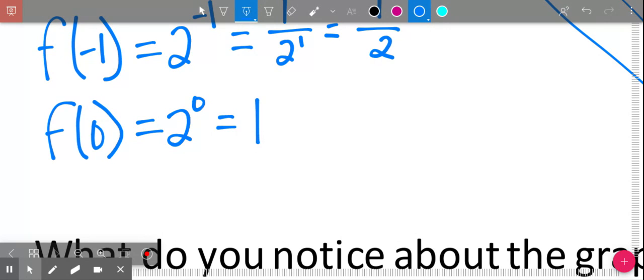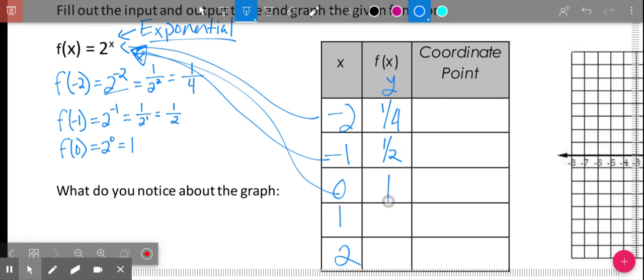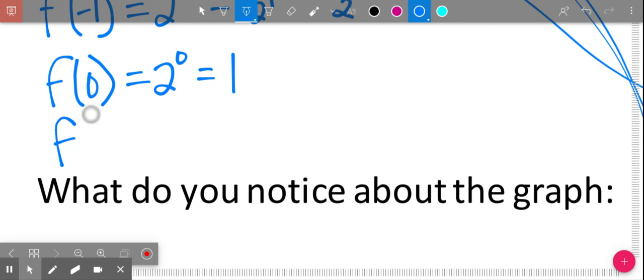That means if I look at my inputs right here, remember x is our inputs, I can put any number into the function. I can add any number in there, and I will get an output to go with it. So that means all real numbers for our domain. So our domain, our input, that's going to be all real numbers.